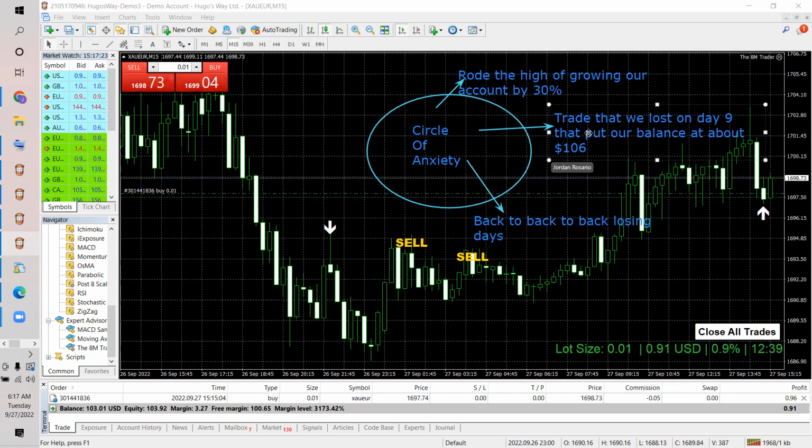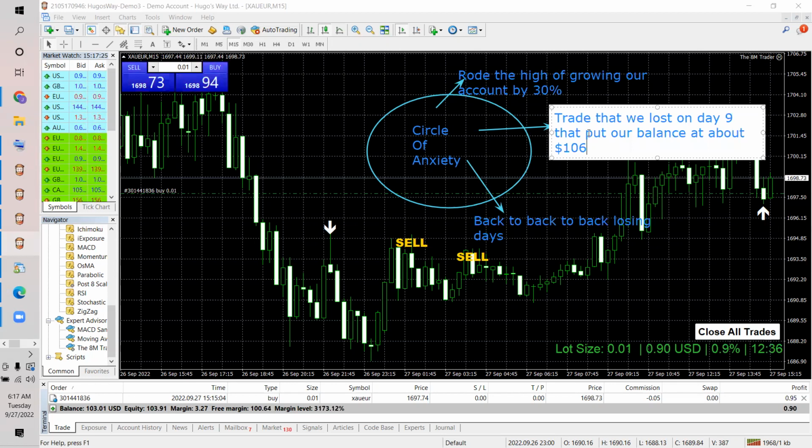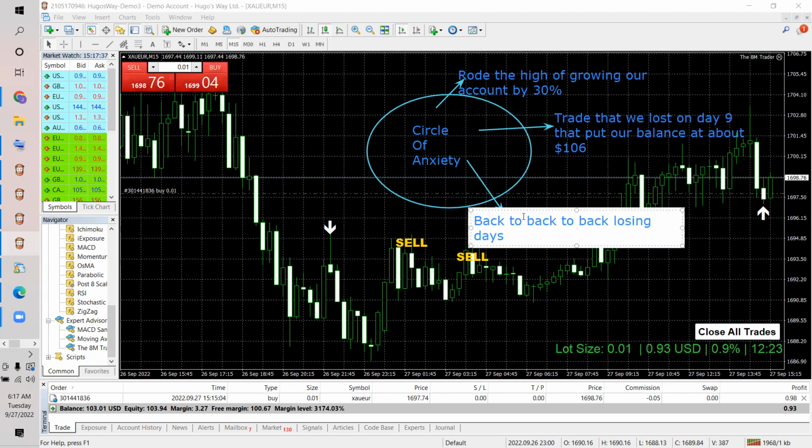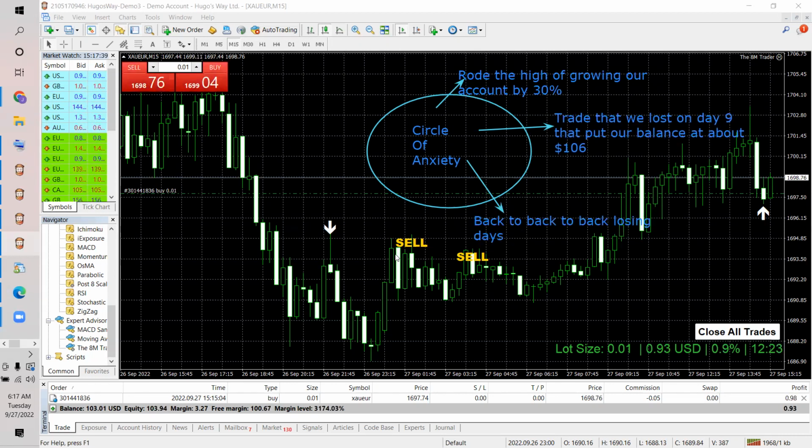So we rode the high. Then we had the trade that we lost on day 9 that put our balance at about 106. You could also check out exactly what I mean by that, by starting on day 1 and going through all of those particular days. Then we have back to back to back losing days.